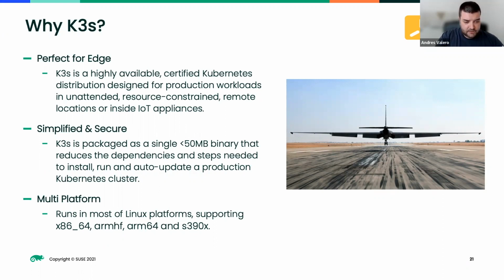And from it, you can install, update, and let's say manage a cluster. But for me, most important is that it runs almost everywhere. So it uses Linux and supports x86, 64, ARM, 32 and 64, and also it supports S390X, so mainframes. So it can run almost everywhere.